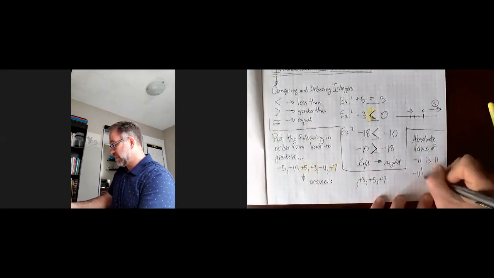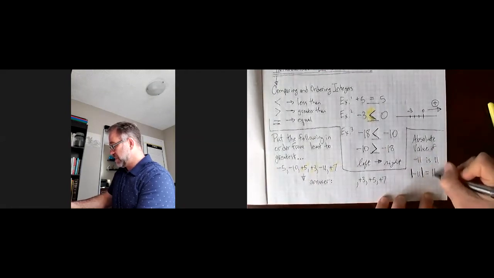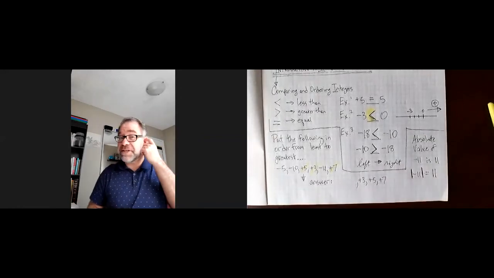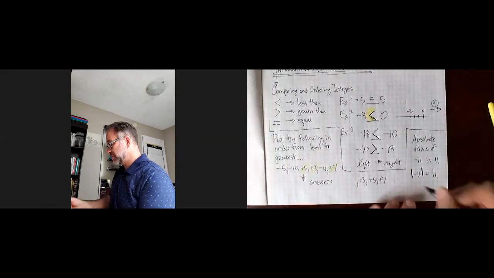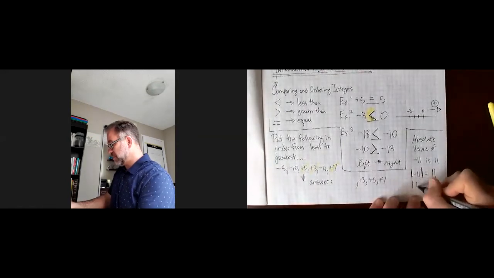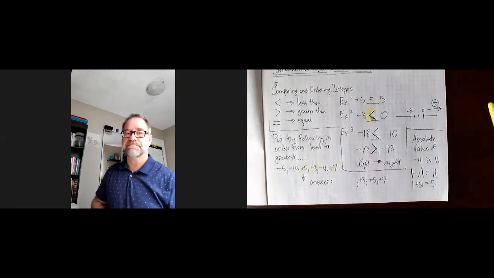And a lot of times we use these bars to mean the absolute value of, and we need that for some activities. You need it a lot in science when you look at the differences or the change in things. The absolute value of a positive number is just whatever the number is, okay?